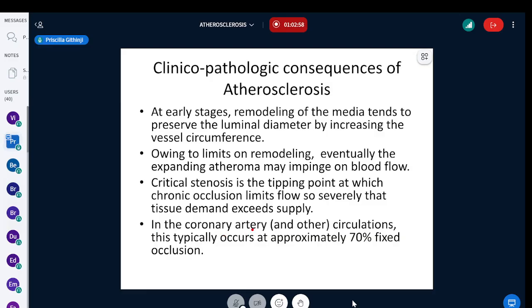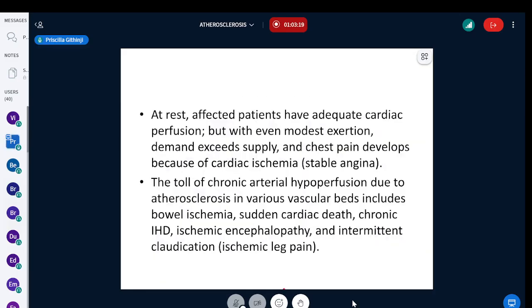In the coronary artery and other circulation, this typically occurs at approximately 70% fixed occlusion. So if your blood vessel occlusion reaches 70%, then that's the tipping point, and this patient will start presenting with features of ischemia because tissue demand exceeds the supply.